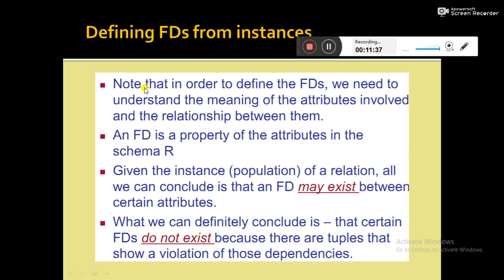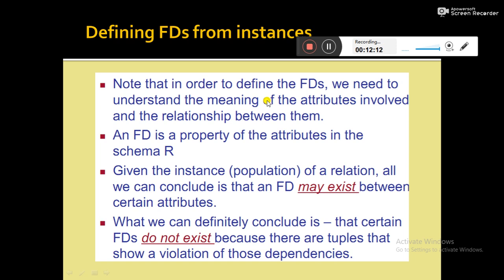Now, how do we define an FD on a particular relation? Basically, in order to define functional dependencies, we need to understand the meaning of the attributes involved in a relation and the relationship between them. The functional dependencies defined on a relation are based on a real-world perspective, on our perception of how two sets of attributes are related to each other in real life.